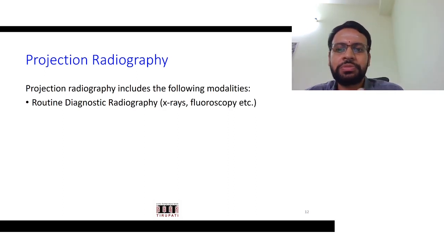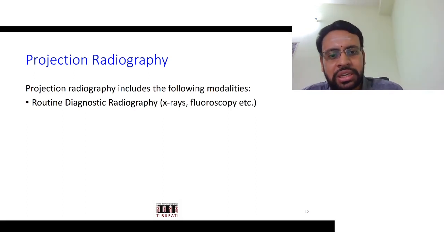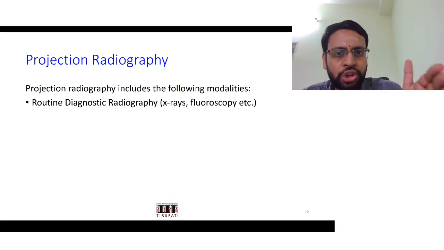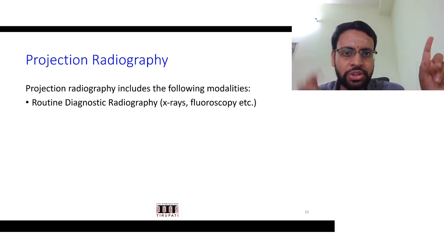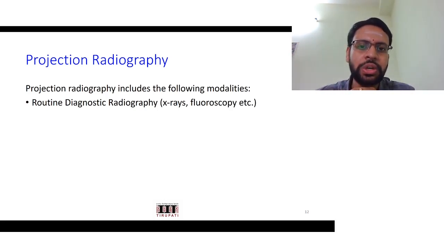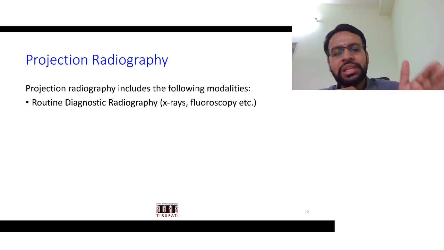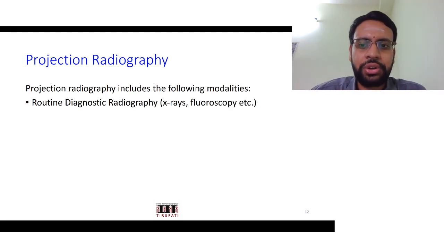The first set of methods under this is what you use for routine diagnostic radiography, right? X-rays, fluoroscopy, these are the ones, and there is another thing called motion tomography. Although there is the word tomography, it's not really 3D. You would just look at the motion as a 2D projection, and you would see it over time. All these imaging modalities fall under routine diagnostic radiography.